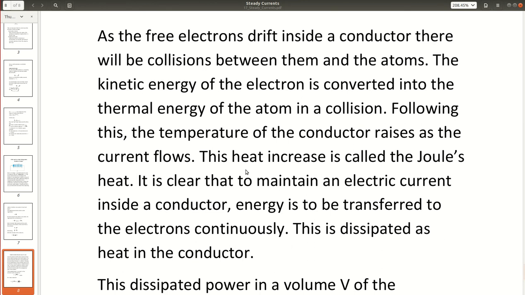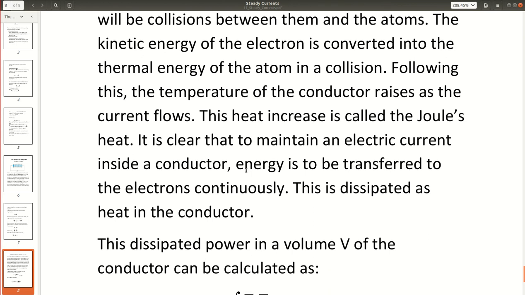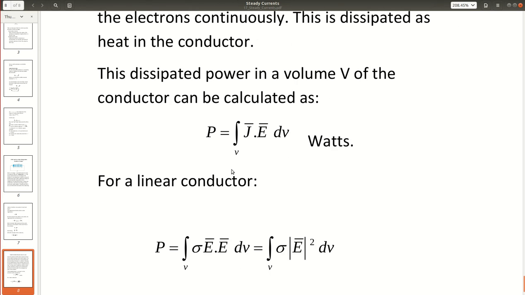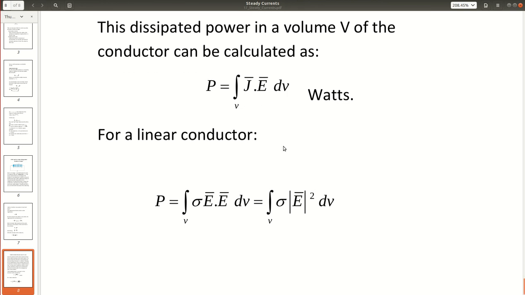This kinetic energy is dissipated in the conductor as heat. So as the current increases, there is more heat in the conductor due to the electric current across it. We see that the dissipated power is equal to the integration of J dot E dV, in watts, of course.